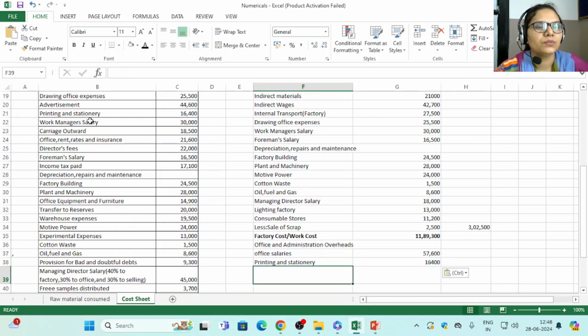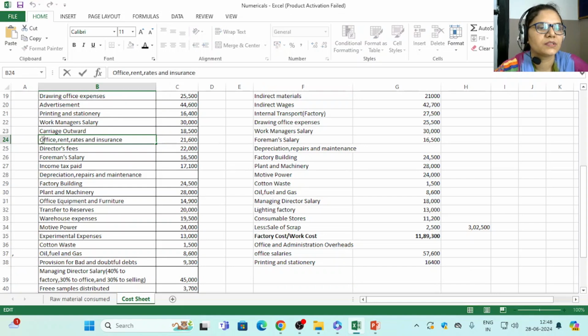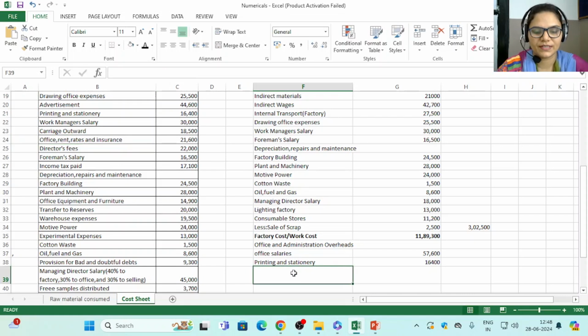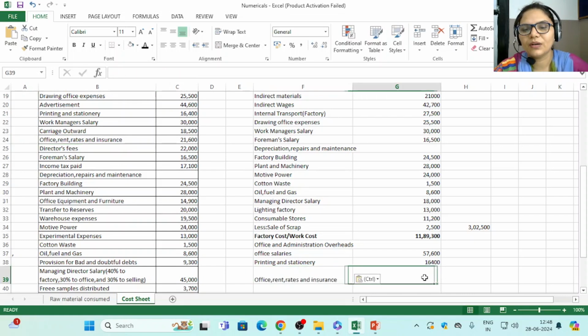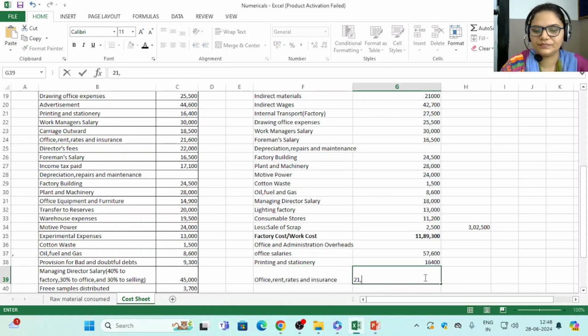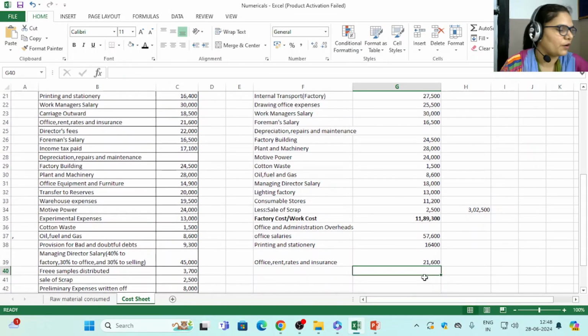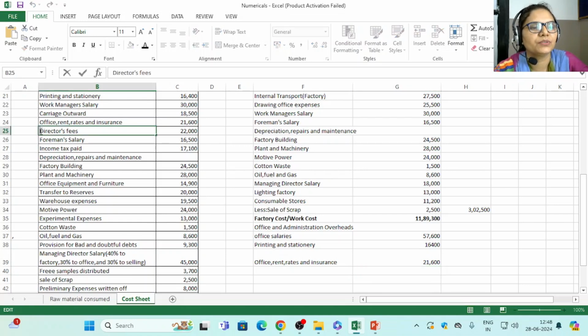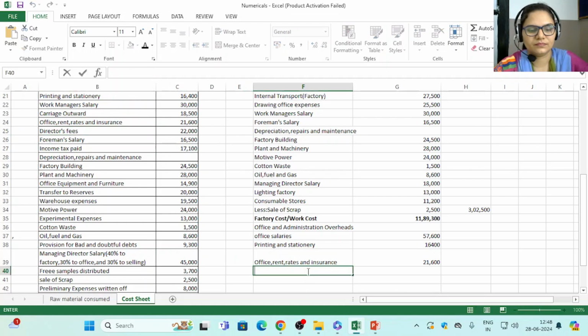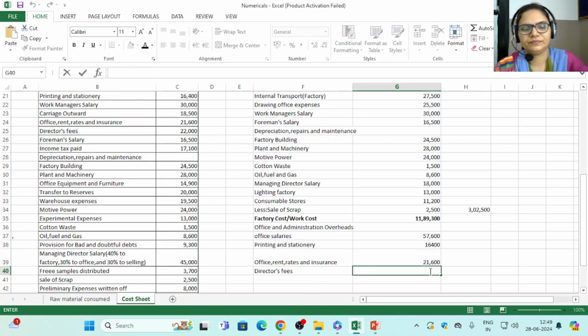Next is office rent, rates and insurance, 21,600. Then it is director's fees, 22,000.